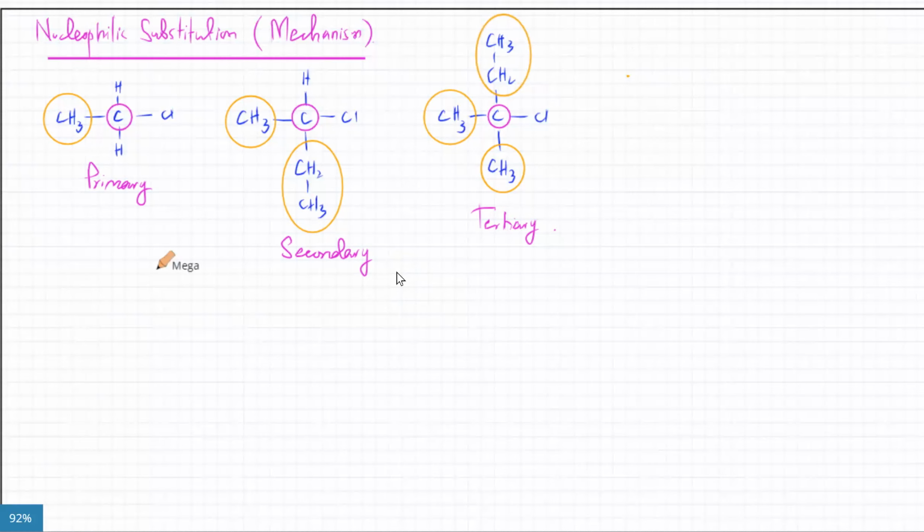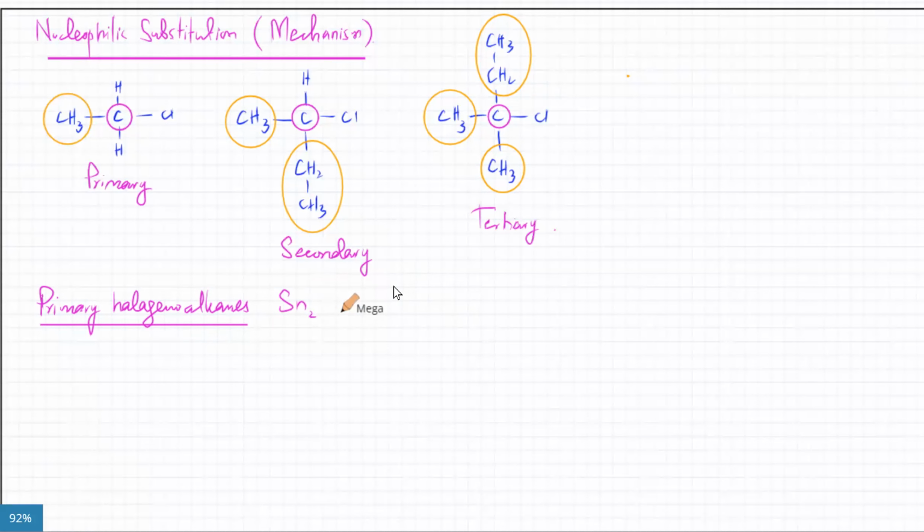Now the primary one, the first one, has a mechanism known as SN2. So primary halogenoalkanes, their mechanism is known as the SN2 mechanism. Now the S stands for substitution, N stands for nucleophilic.